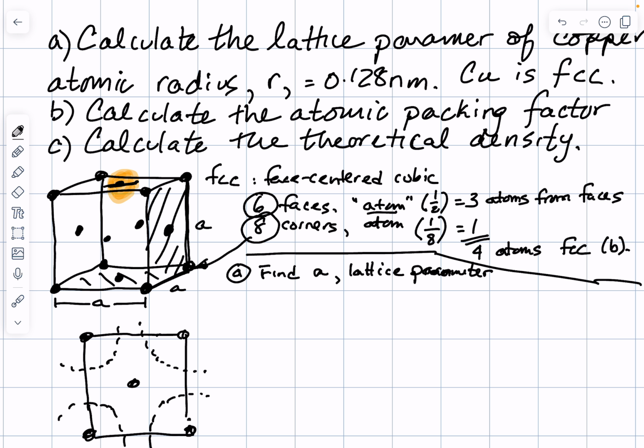So now I'm going to draw that center atom in terms of its actual size. For copper, all atoms are the same size. We know that the radius is equal to 0.128 nanometers. Can you appreciate that touching of those copper atoms is occurring along the face diagonal?